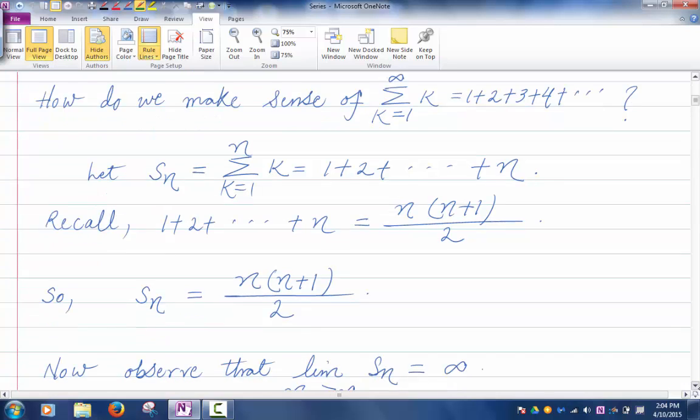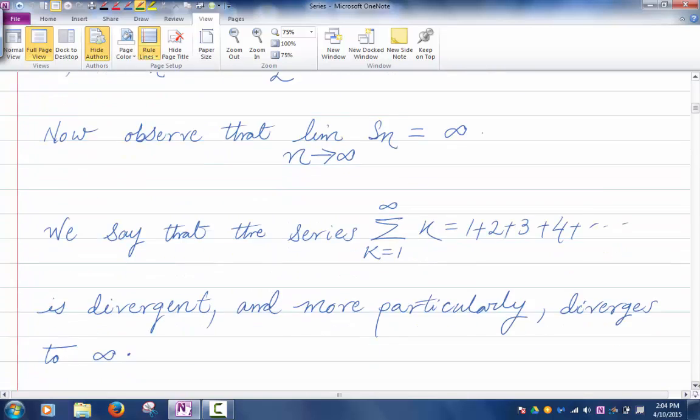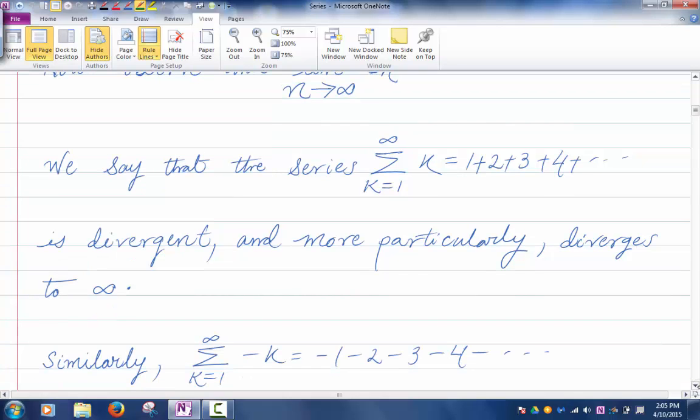And because the limit of S_n as n goes to infinity is infinity, we say that the series, or the infinite sum, 1 plus 2 plus 3 plus 4 plus dot dot dot, is a divergent series, and more particularly we say that it diverges to infinity. So this infinite sum doesn't really make sense. It doesn't really have a sum.